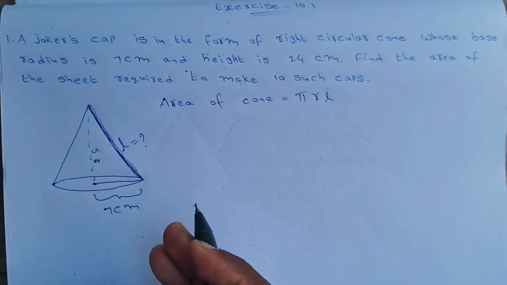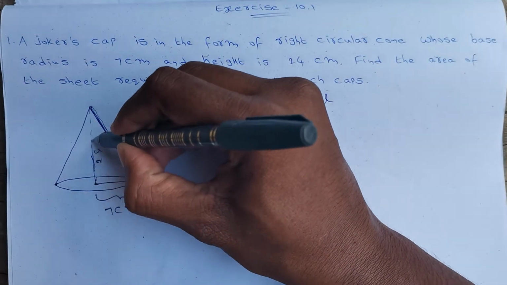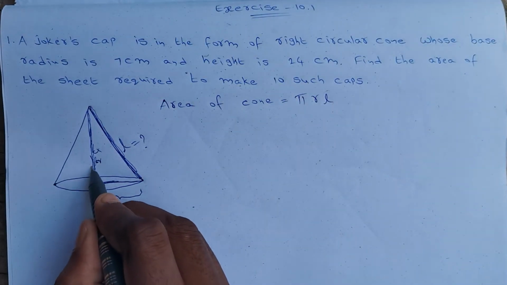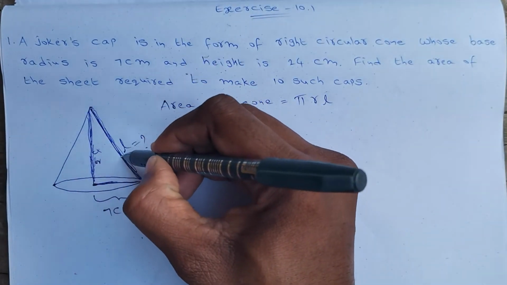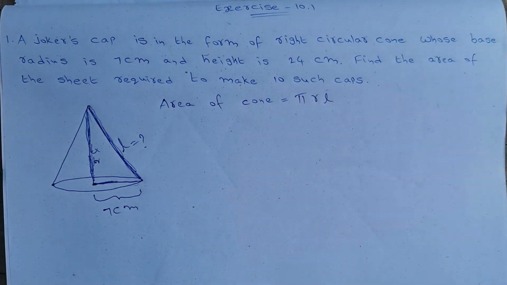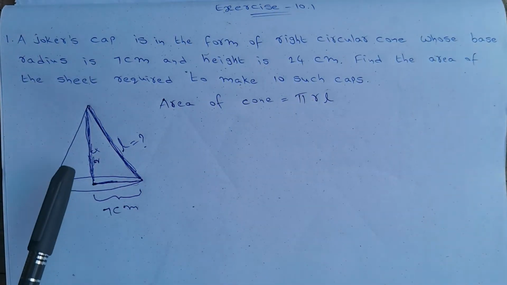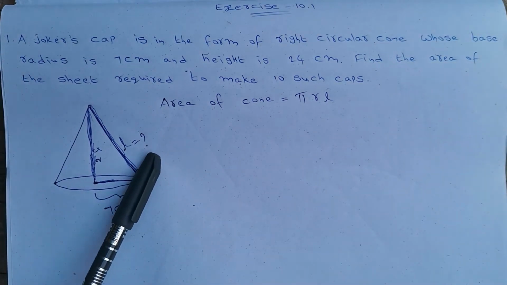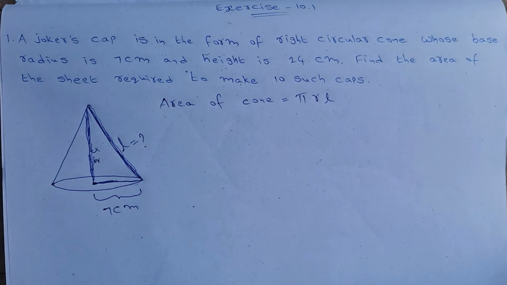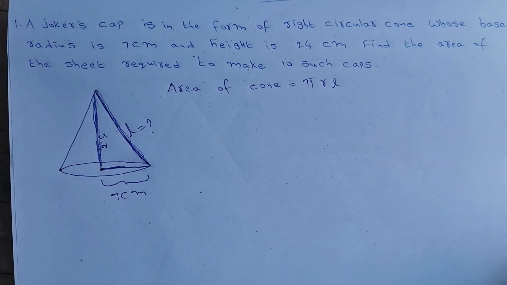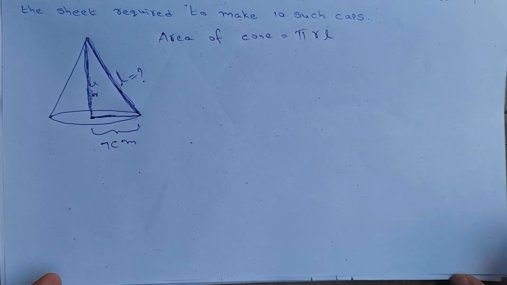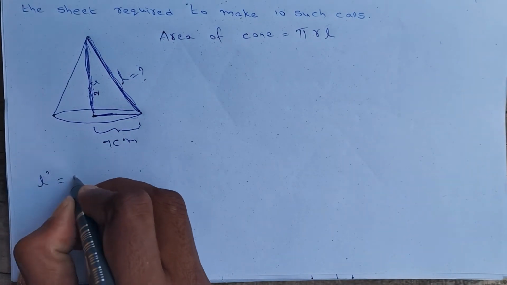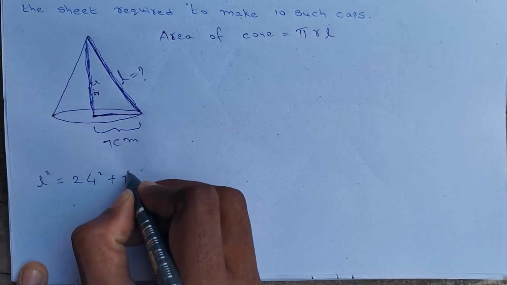Now if we observe this figure clearly, this is the height and this is the radius. So which figure do we get here? Obviously a right angle triangle, with two sides, 24 and 7. We need to find this hypotenuse, so by using the Pythagoras theorem I am going to find the third side. Hypotenuse square, that is L square, is equal to first side square plus second side square.